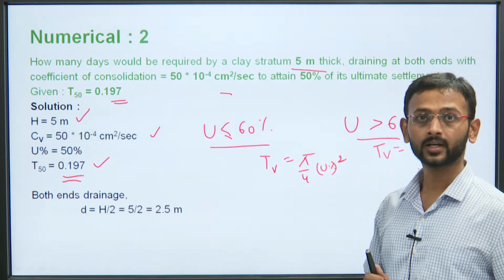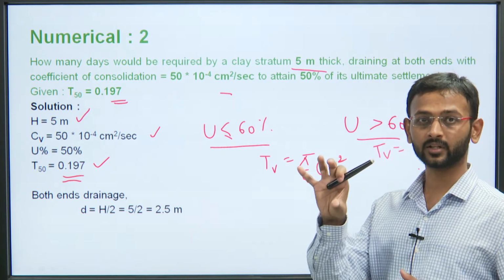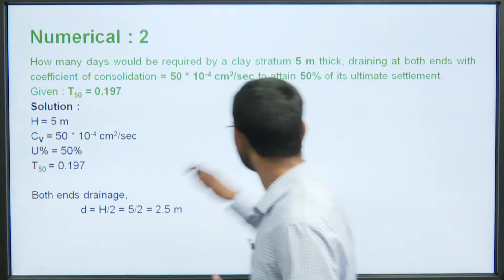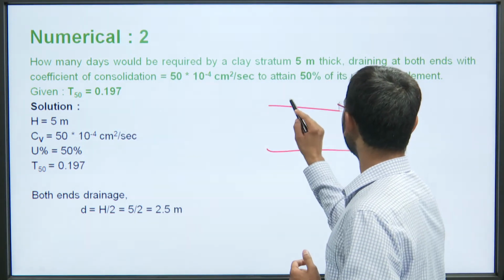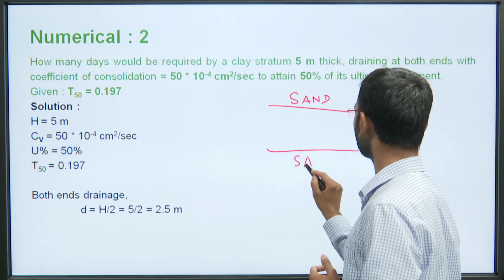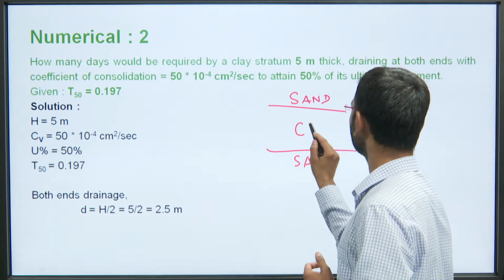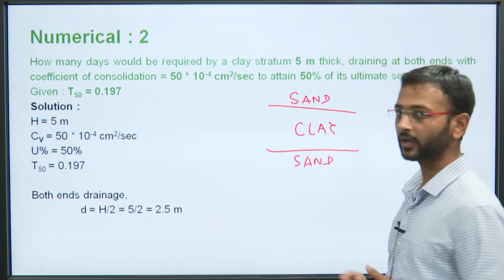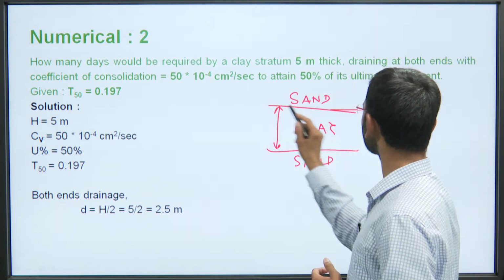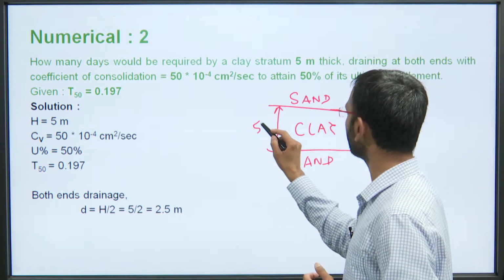Now it is being said that the clay stratum is 5 meter thick and it is draining at both the ends. So see here, this is the clay stratum and sand is here also and sand is here also, and in between this is the clay layer. Consider this as a straight line, this is the 5 meter thick layer.